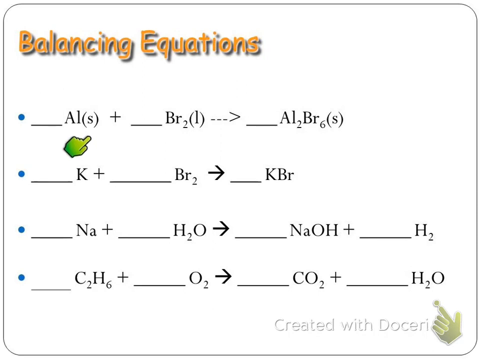The states do not have any effect on our balancing. Okay, it's just there for information purposes. So the solid, liquid, solid doesn't change the way we balance the equation at all.